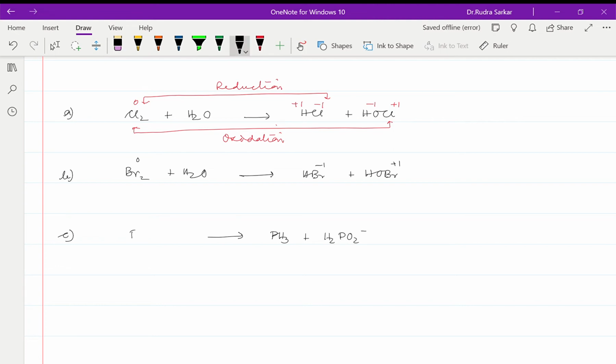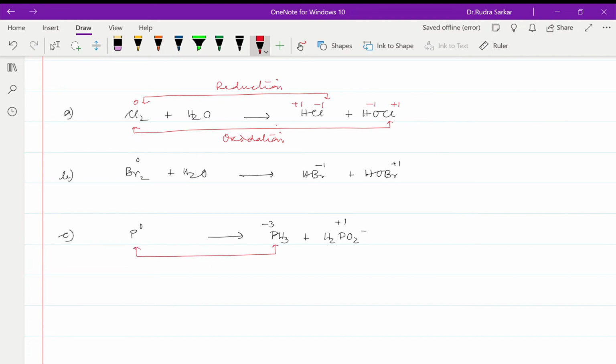So this phosphorus is in zero oxidation state, and over here phosphorus is minus 3, and out here phosphorus is 2 plus X minus 4 equal to minus 1, because minus 1 is the charge on the anion H2PO2 minus, and for oxygen this 4 is coming from the oxygen, which is each oxygen is minus 2, so minus 2 into 2 is minus 4. So if we solve this, we get plus 1 over here.